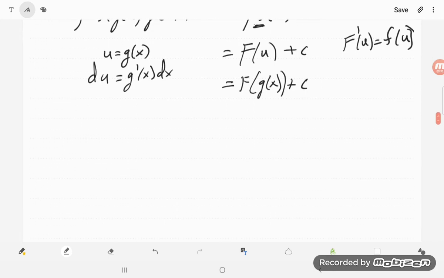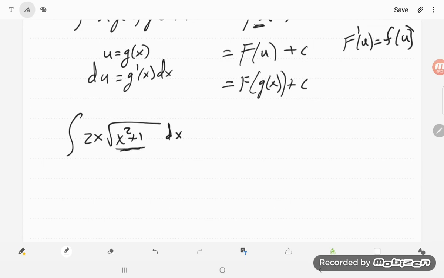So if I'm just given something like, I would like the antiderivative of, say, 2x times the square root of x squared plus 1 dx. I look at this, and typically I see a multiplication, and I think, okay, does it look like it's due to the chain rule?